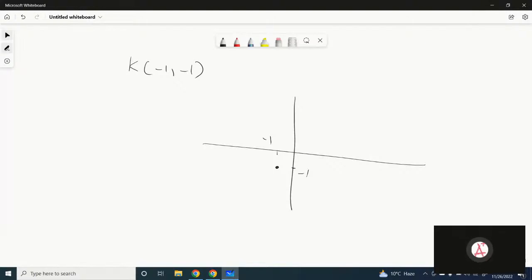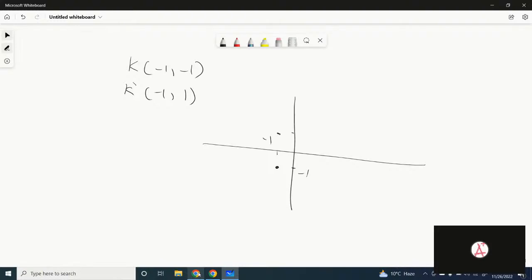You have to reflect over the x-axis, so the point is below the x-axis and the reflected point would be above the x-axis. They have the same distance. If it is one square below, it is then one square above. So x has the same value, just the y value changes. For the point K it is negative, so for K dash it would be positive. It would be negative 1 and 1.